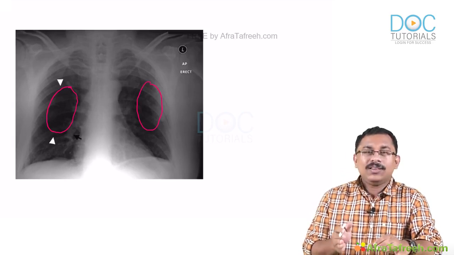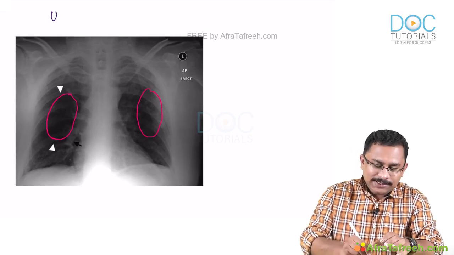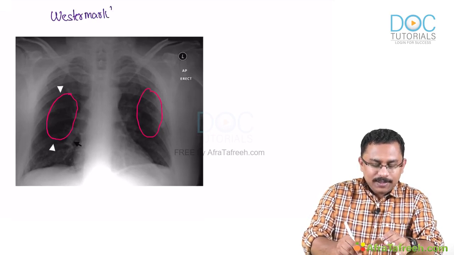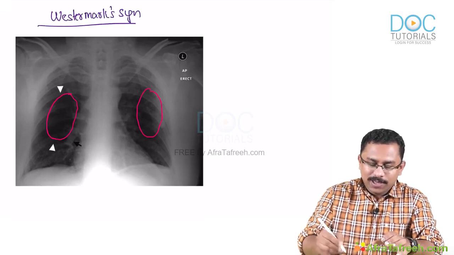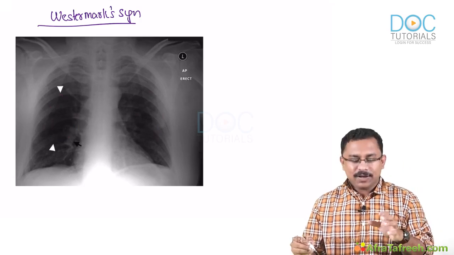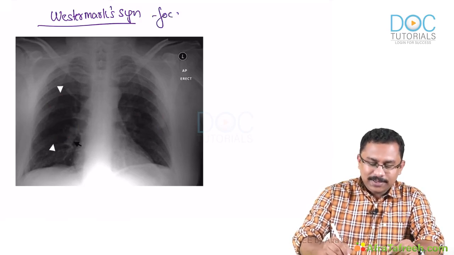Now what do you call this focal oligemia? That is called the Westermarck sign. It's a region of focal oligemia. Now just try to appreciate it again, the region of focal oligemia, Westermarck sign. Are you able to appreciate it?